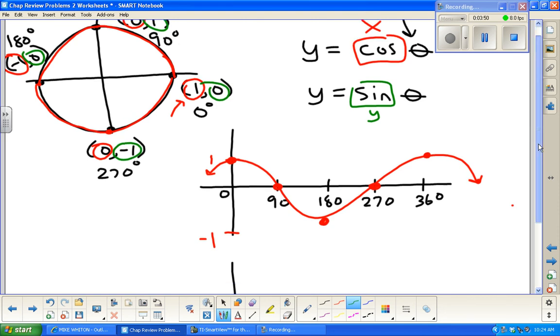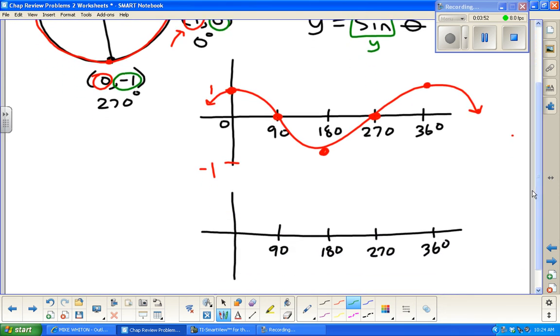Recognize that one actually starts at 0. Again, I'm going to do this one a little quicker. It goes up to 1. By the time you're at 180, it's back down to 0. At 270, the sine, the y value down there is negative 1, and then back to 0. So this one does this shape, and then of course it's going to keep repeating itself in both directions. Okay, so those are some of the basics.